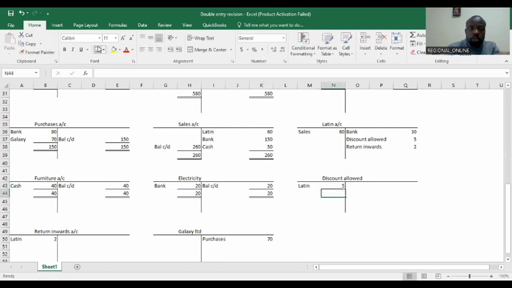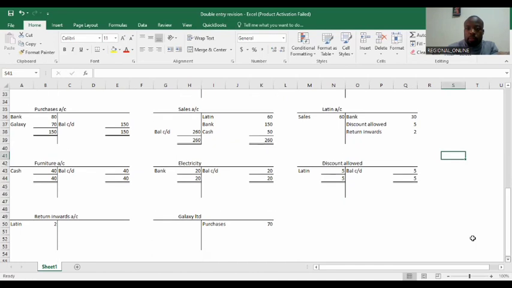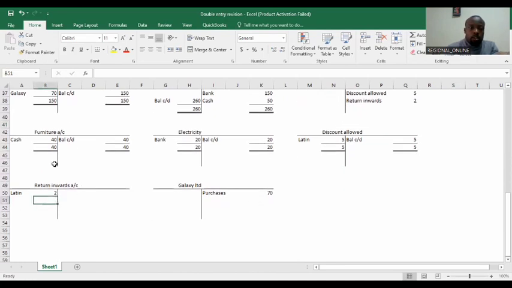Discount allowed, I only have one figure on the debit side, which is 5, and it is the highest one. So I balance it by that 5. So balance carried down is 5 in that account. Return inwards, the debit is the highest with the 2. So I use 2 to balance the books. 2 minus 0 is 2.